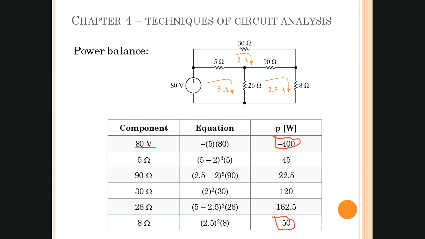Now it also says to go ahead and balance out the circuit. So if you do the individual powers across each element, they should all add up to 400 watts. So that we got negative 400 watts here that we can spend, and it's all being spent on these resistors. And if you add up these numbers, they have to add up to 400.